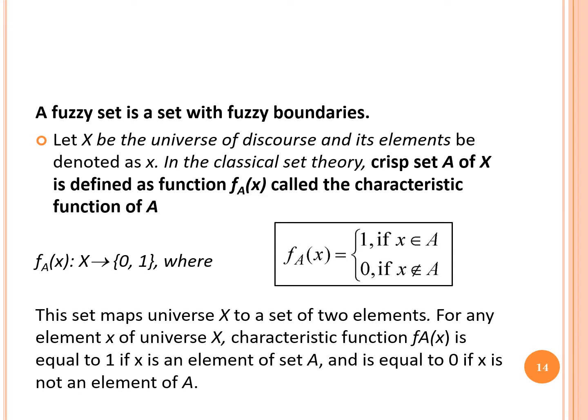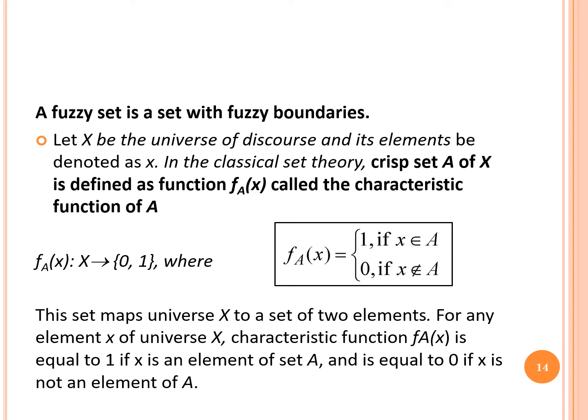In the previous example, if the measurement of height is 180 and above, it means that it is an element of set A, where the result of the function is 1.